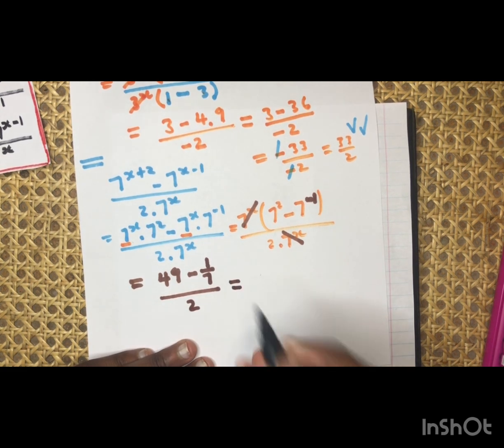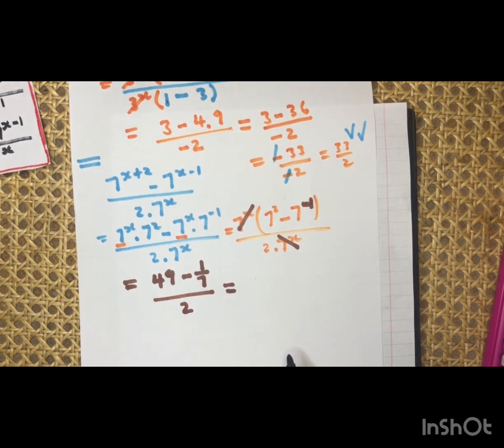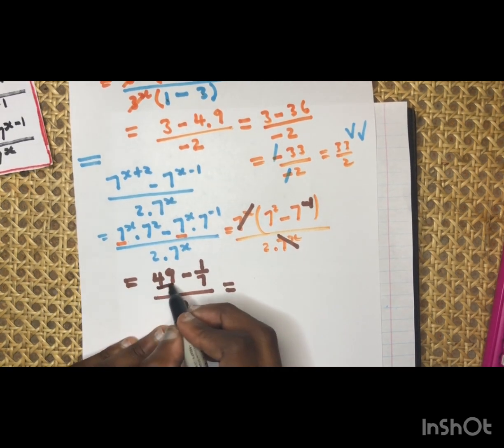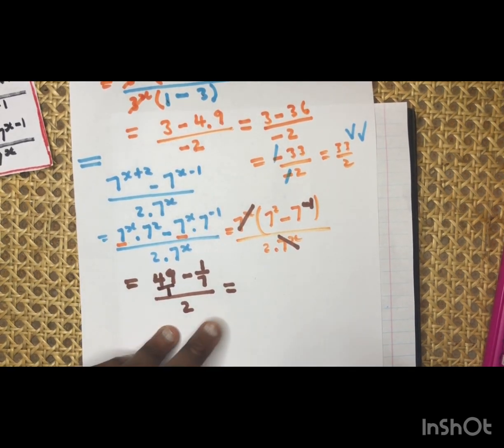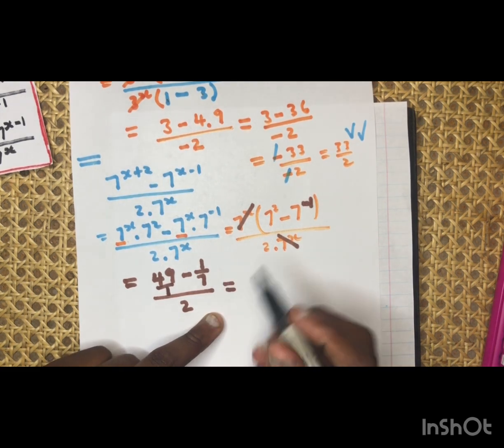Now, how do we work this thing out, guys? Because we have 49 minus 1 over 7. What I'm going to do here, guys, is make the bases the same.